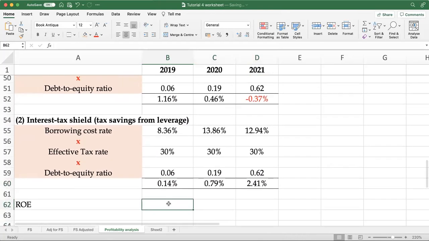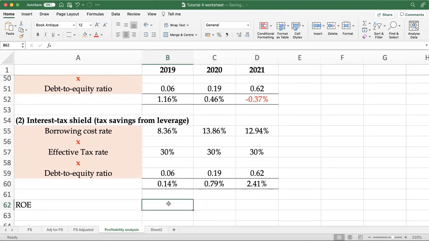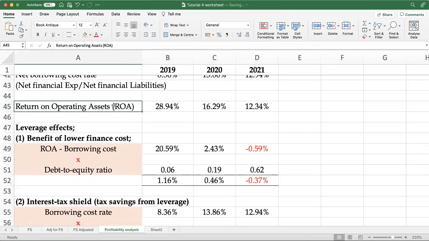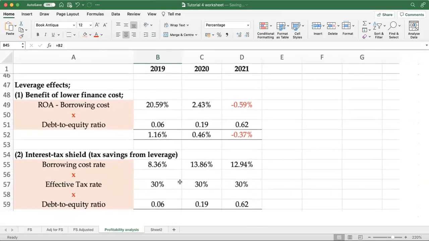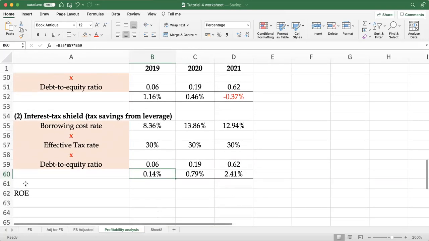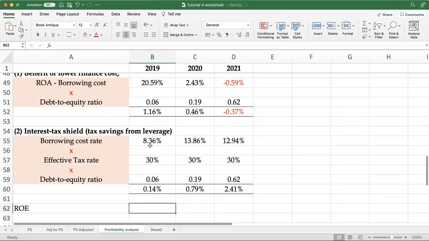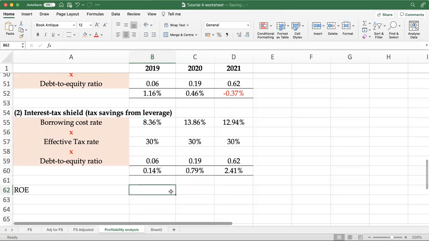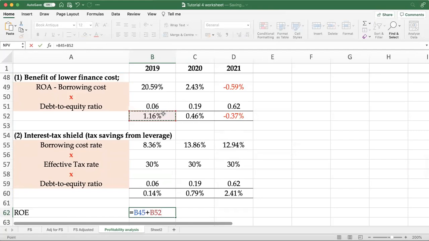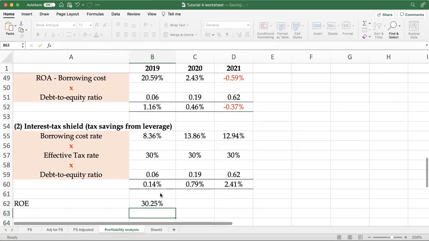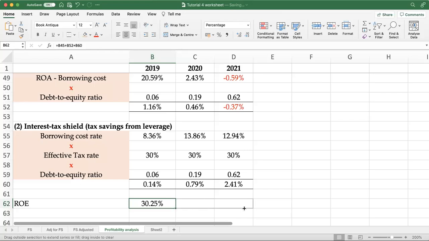Then ROE is equal to the total of these three: return on operating assets plus these two leverage effects.